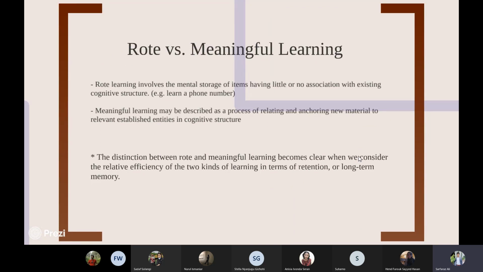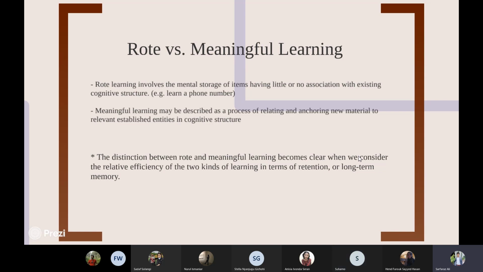One is rote learning, which involves the mental storage of items having little or no association with the existing cognitive structure, such as learning a phone number. We are not associating it with our cognitive structure when we remember it.